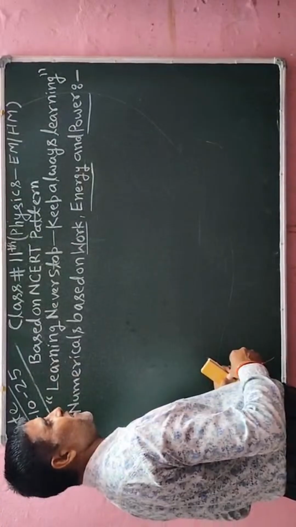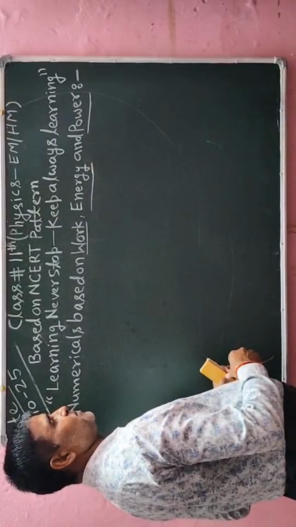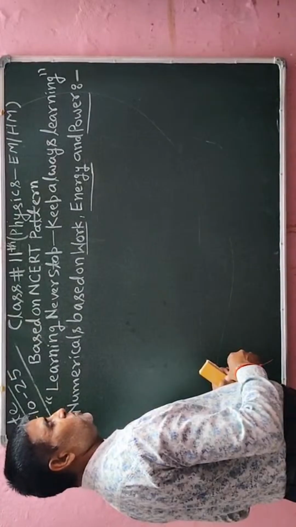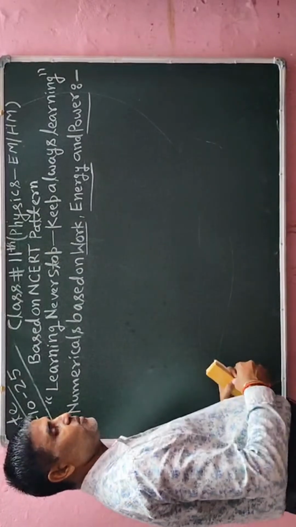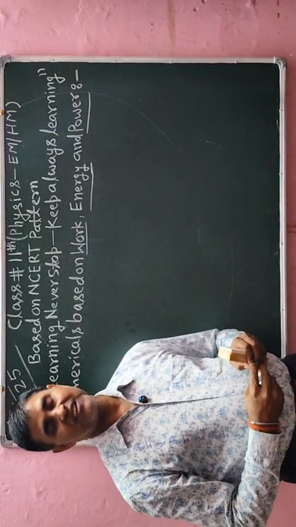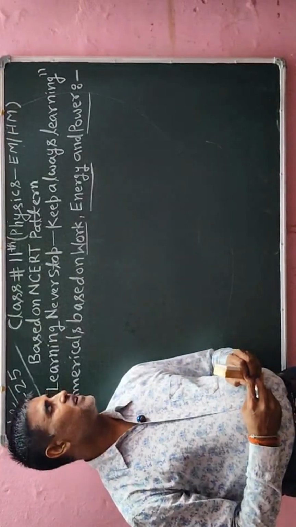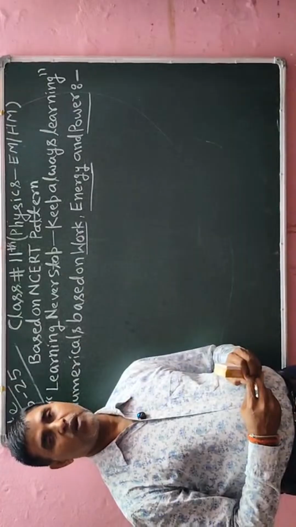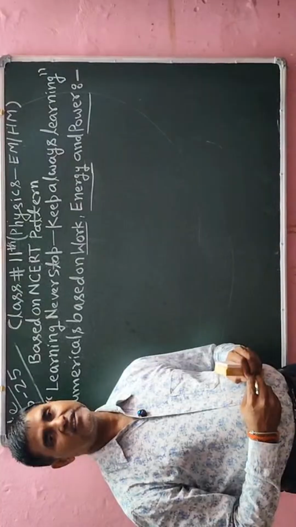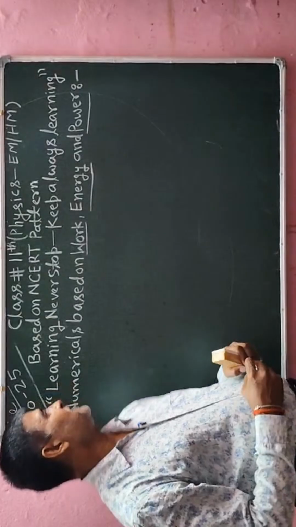First of all, I will explain all data in English medium so students in the CBSE board or English medium can understand its concept clearly. After some time, I will also translate all this information into Hindi, so students in Hindi medium or the UP board can understand its concept in detail.